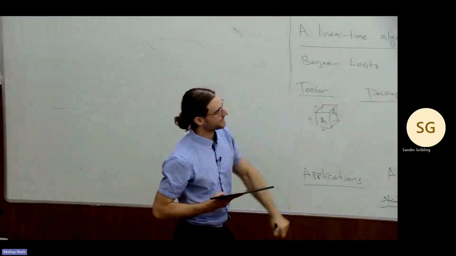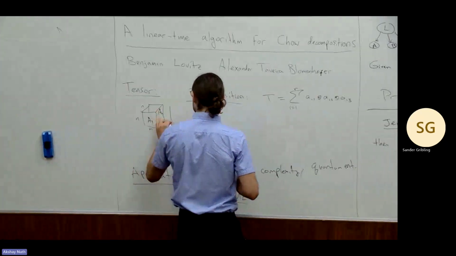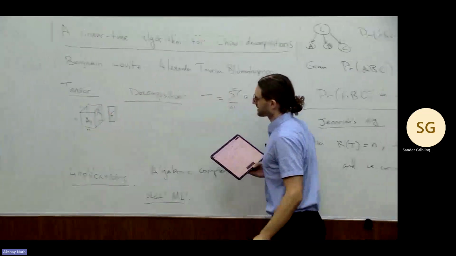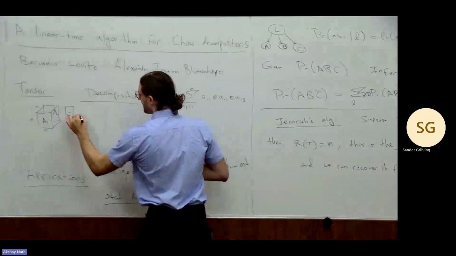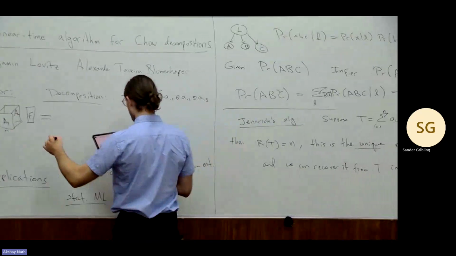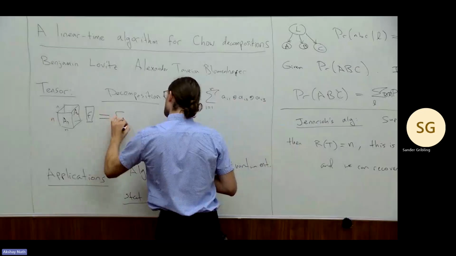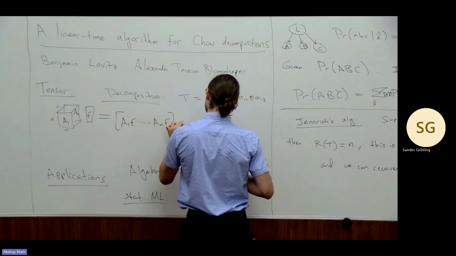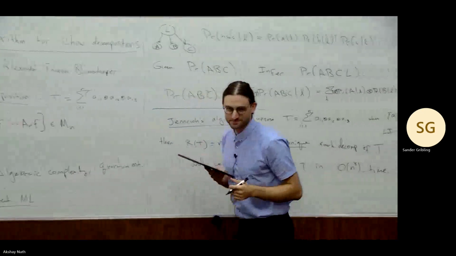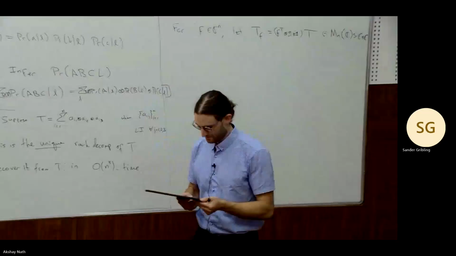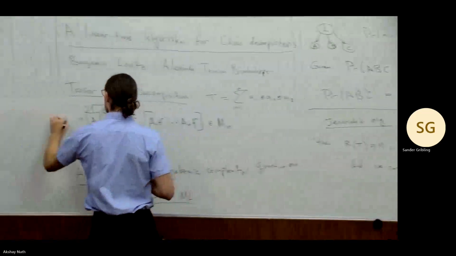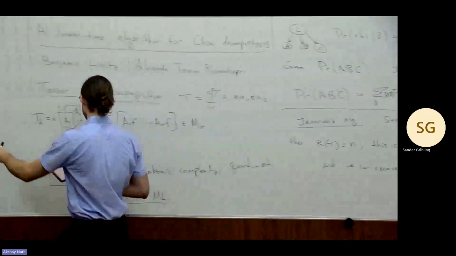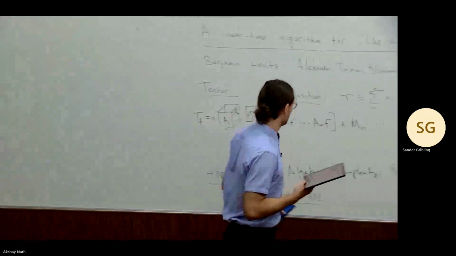Then what this product T_f is, just like you can hit a matrix with a vector, you can hit a tensor with a vector too. The definition of this product is: I'm taking the matrix A1 times f, dot, dot, dot, An times f, and this is an n by n matrix. So that's what T_f is, and it's going to be important for us.